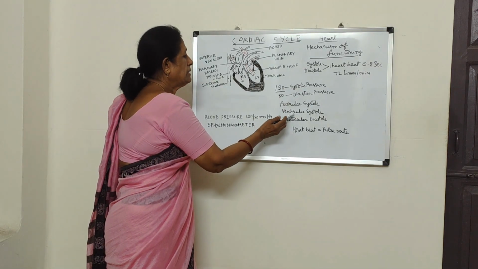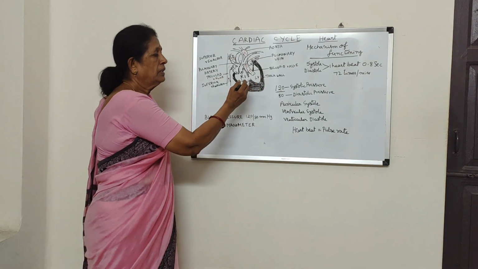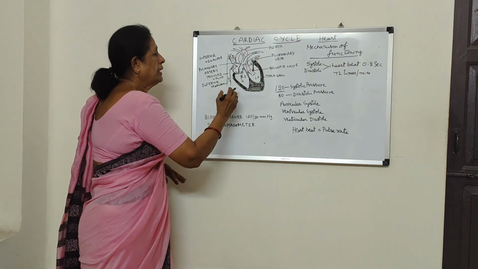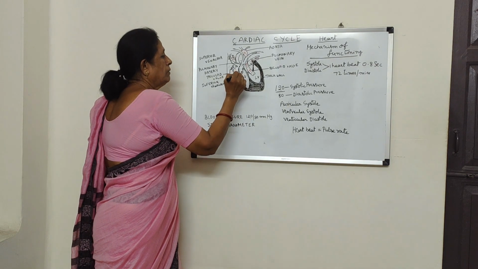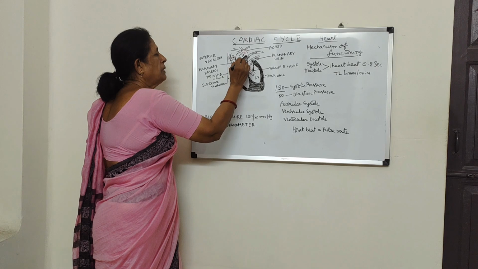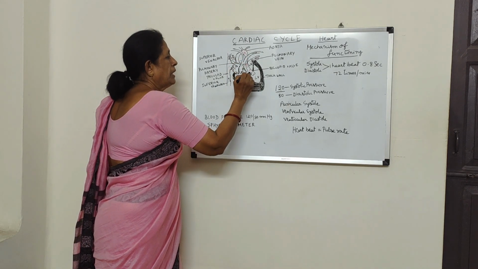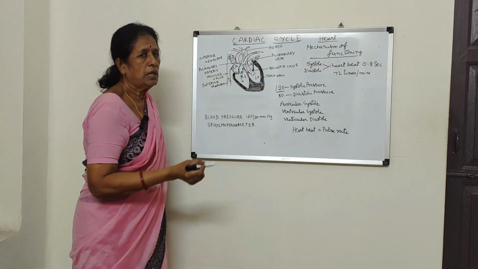The next one is ventricular systole. When the ventricles receive the blood, they contract. The blood from the right ventricle enters the pulmonary artery and goes to the lungs, and the aorta arises from the left ventricle and goes to all body parts.